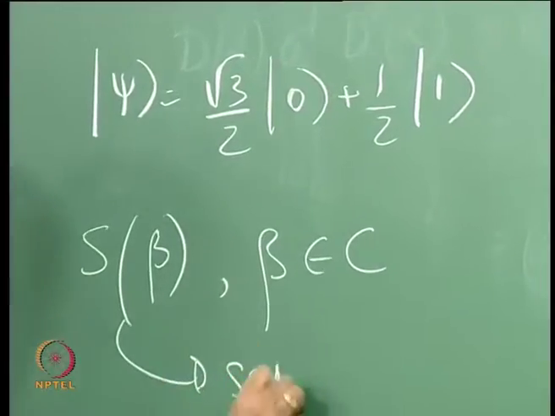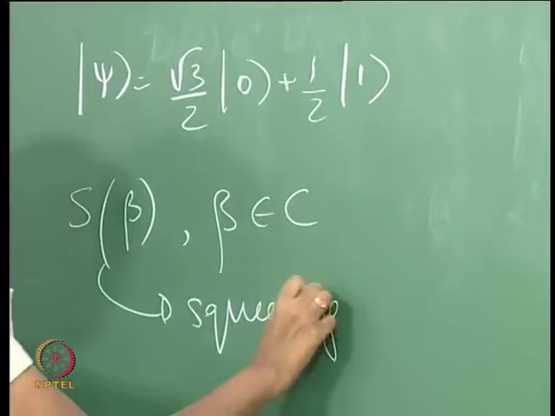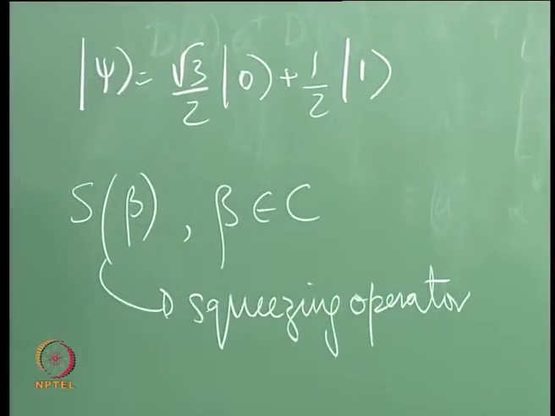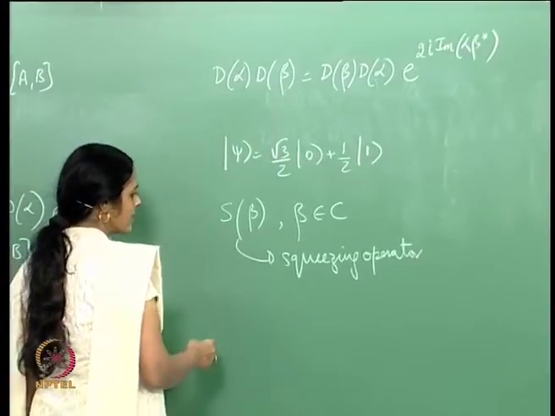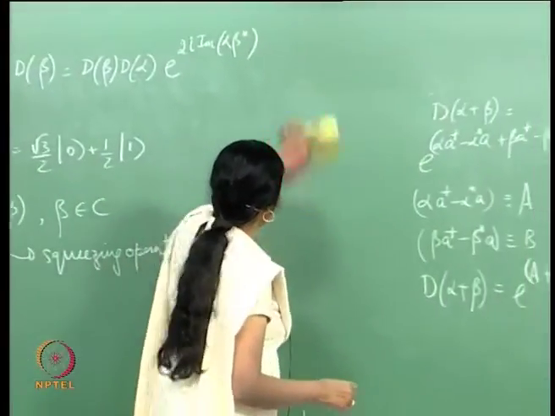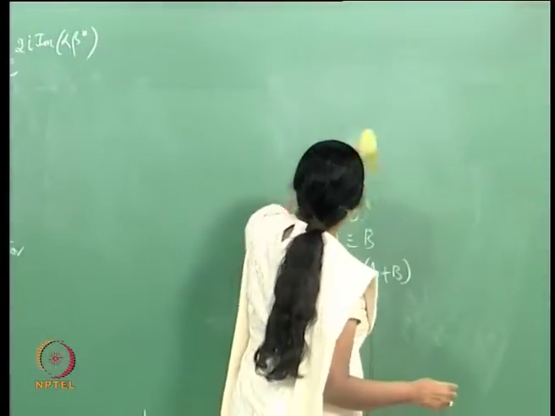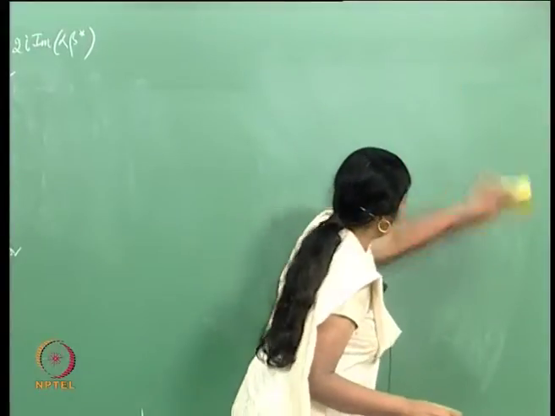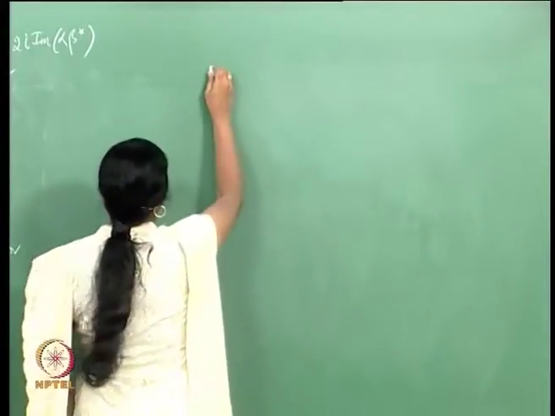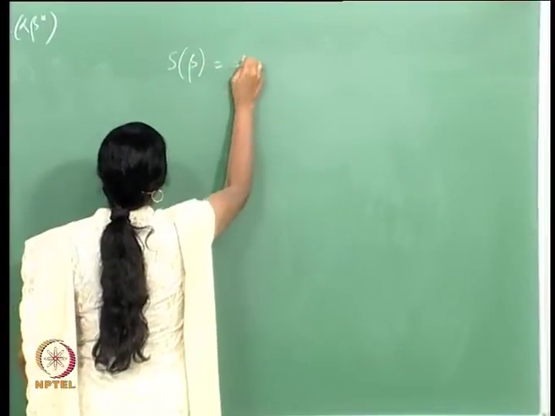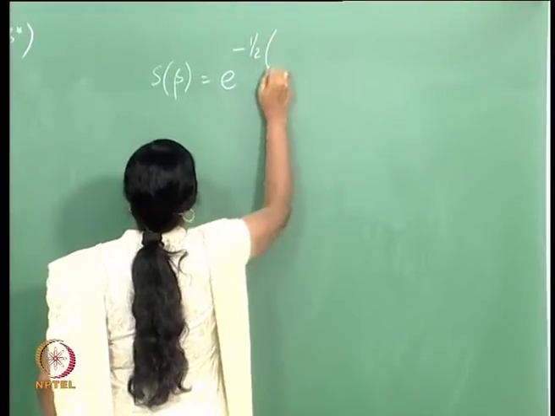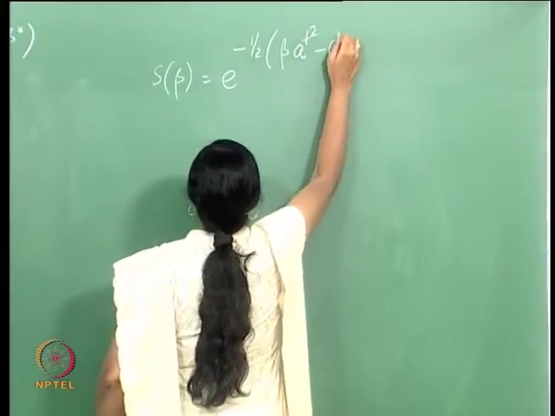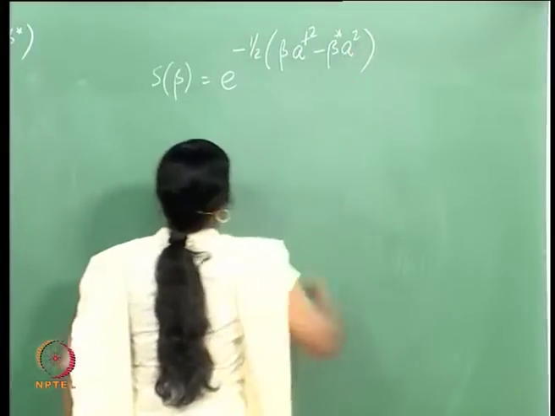This is the squeezing operator. S of beta is defined in the following manner. S of beta is e to the minus half, beta a dagger squared minus beta star a squared.